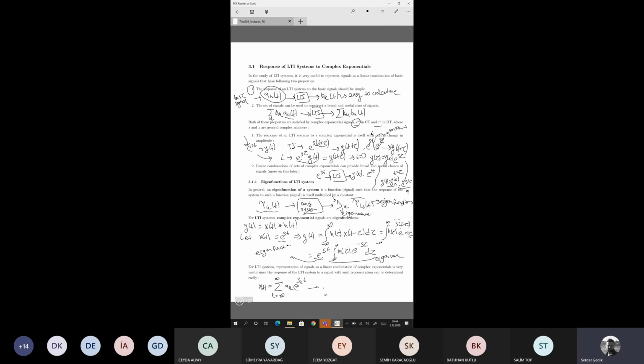If this is input to an LTI system, at the output I have y of t, which is equal to the summation over k from minus infinity to plus infinity of a k h of s k e to the power s k t. So this is the response of your LTI system to a signal x of t, which is a linear combination of complex exponentials. We will have more on this h of s k. It is defined above here, but we will have more examples on that.